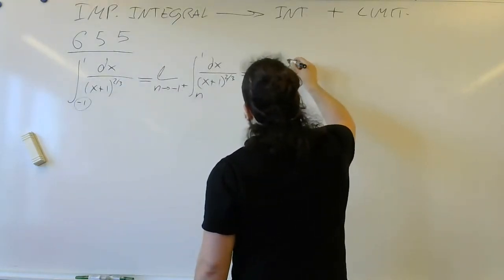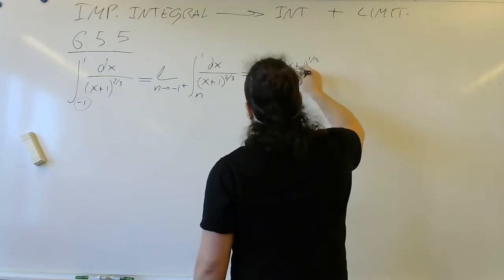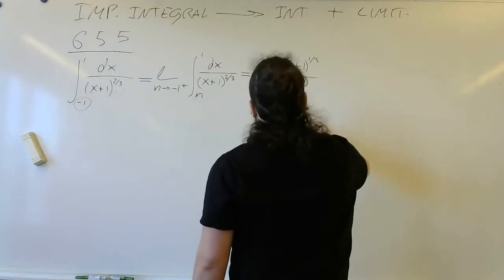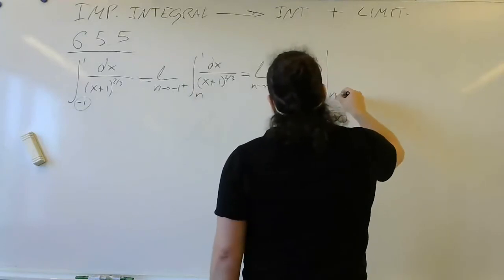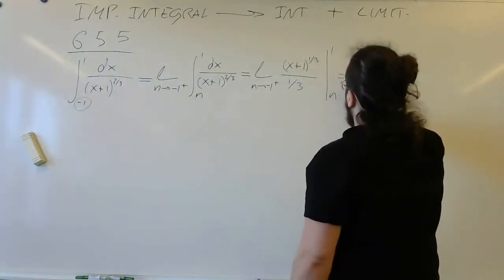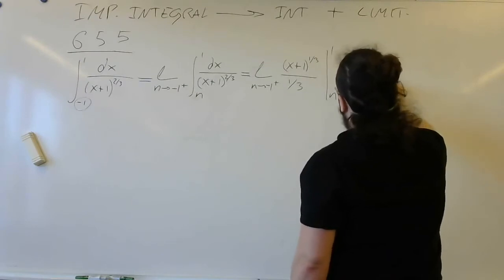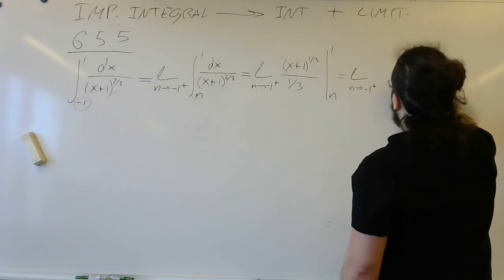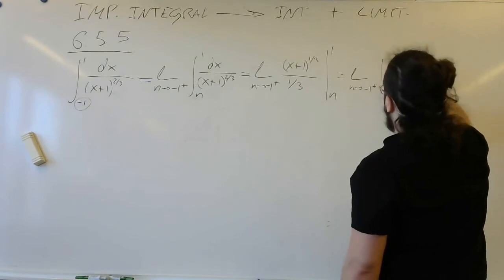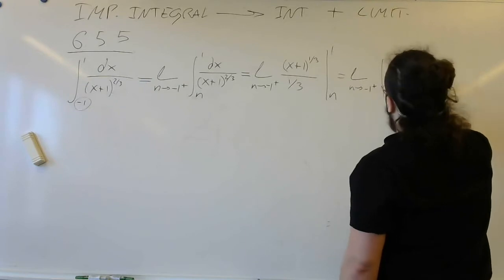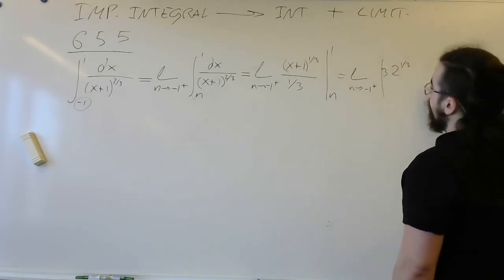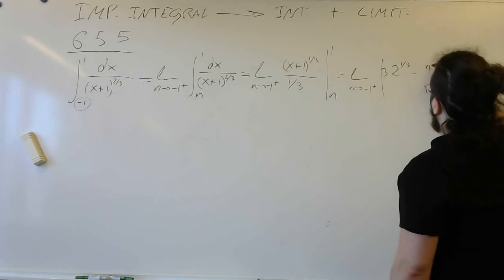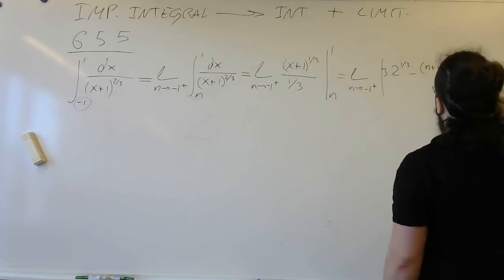It's (x plus 1) to the power 1/3 divided by 1/3. So the upper limit is 2 to the power 1/3 divided by 1/3, so multiply by 3, minus the lower limit, divided by 1/3, so multiply by 3.